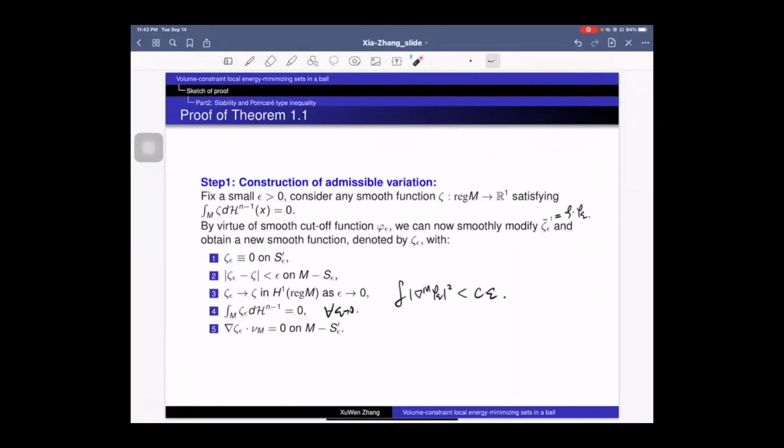And that's why we have to smoothly modify it to have a new function theta epsilon, because we want that for any epsilon bigger than 0, the new smooth function theta epsilon has this integral. And moreover, we can smoothly extend theta epsilon to the whole Euclidean space R^n so that the directional derivative of theta epsilon along nu_M vanishes on this set.